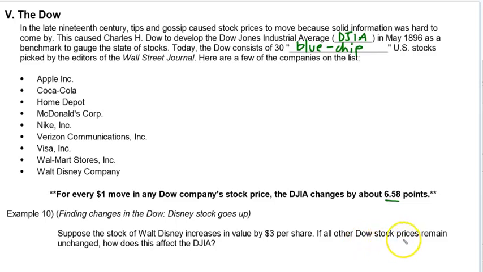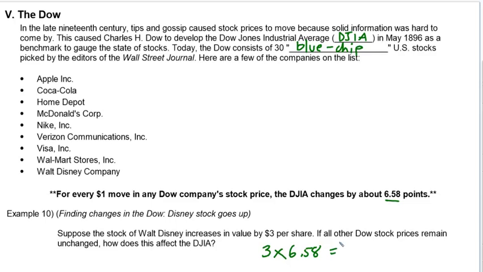If all the other stocks don't change at all, they remain the same, how does this affect the overall Dow Jones Industrial Average? So we take the increase in the Walt Disney stock, the $3, and we just multiply by this same amount, 6.58. And that number would be the number of points that the Dow Jones Industrial Average would increase.